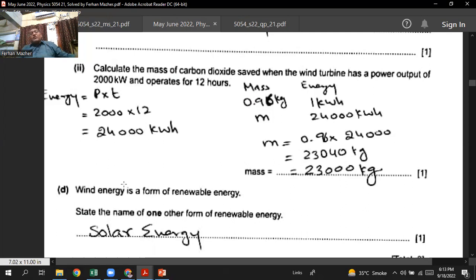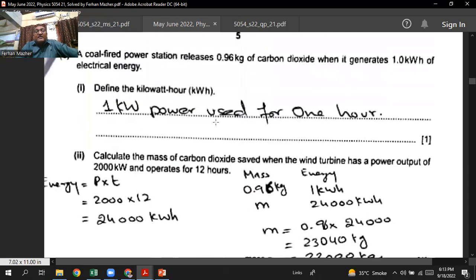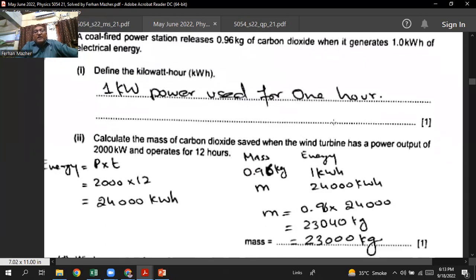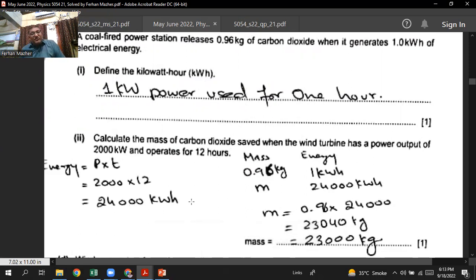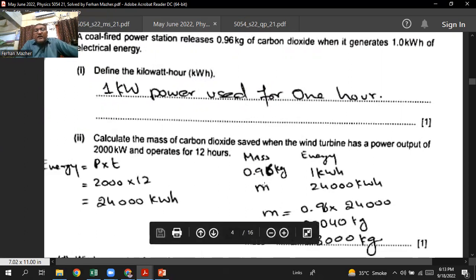In the statement of the question they have told us that I'm going to use the method of proportion, mass and energy. They said if 0.9 kg carbon dioxide is generated, 1 kilowatt hour energy is produced. So our question is, when 24,000 kilowatt hour energy is produced, how much carbon dioxide is emitted?